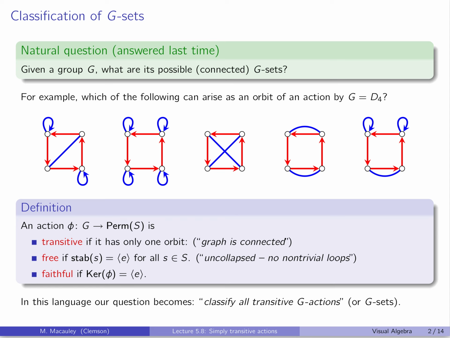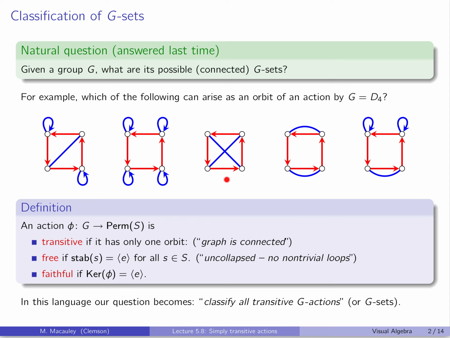In the last lecture, I started with a natural question, which was, given a group G, what are its possible connected G-sets, or action graphs? In other words, if we take a group, say, D4, which of the following can arise as an orbit of an action by G? Well, we've seen this one, and we also saw this one as well, but we have not seen the others, and in the last lecture, we understood why we can't.